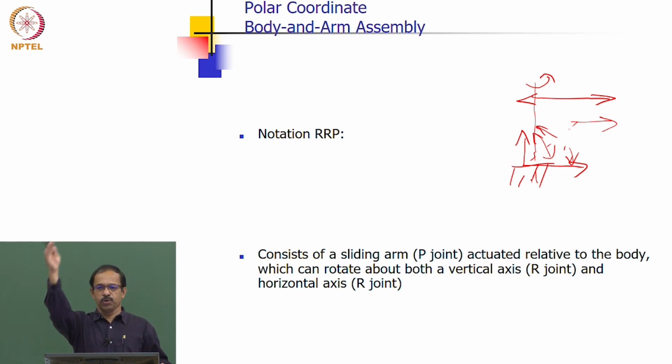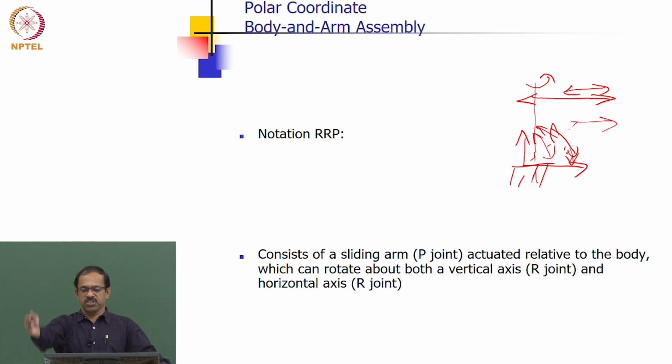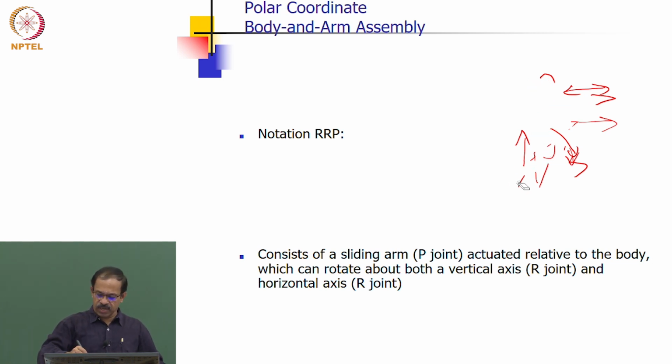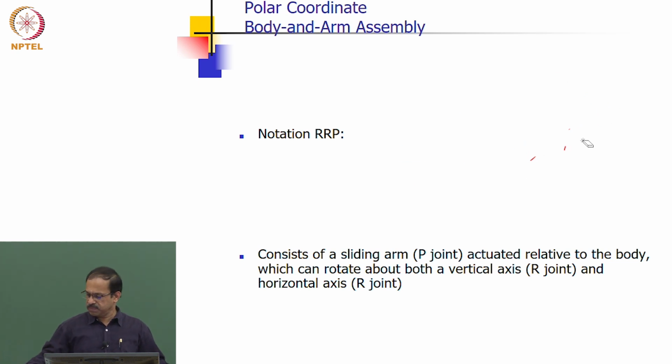The first one, this motion and this rotation, will give you the planar positioning within a plane, and the out of plane motion is possible because of the rotation with respect to the base. So this is the way this RRP is arranged, and the structure will look like this.